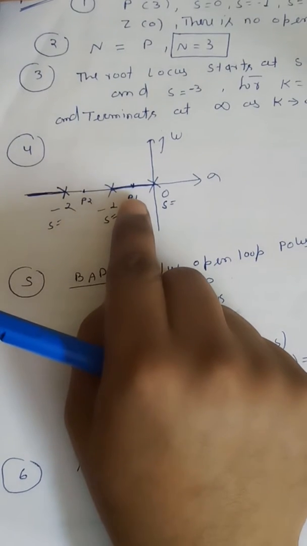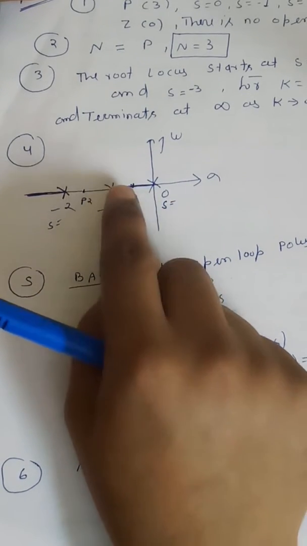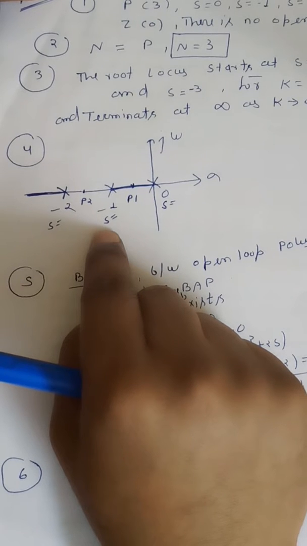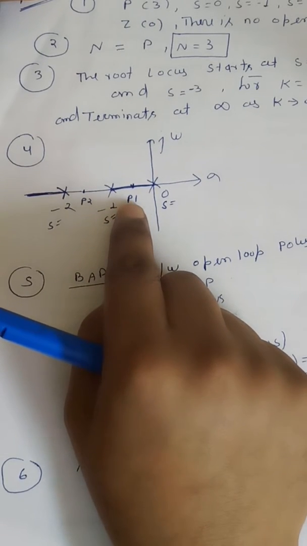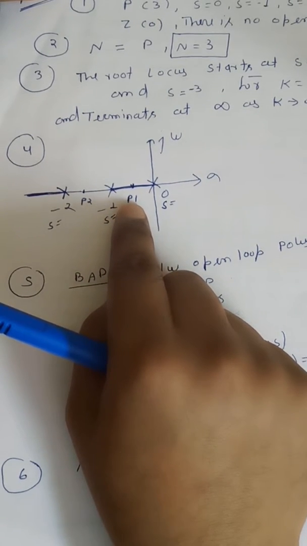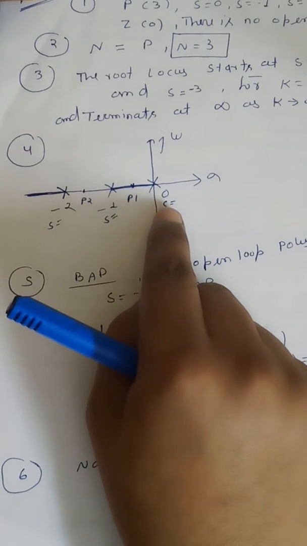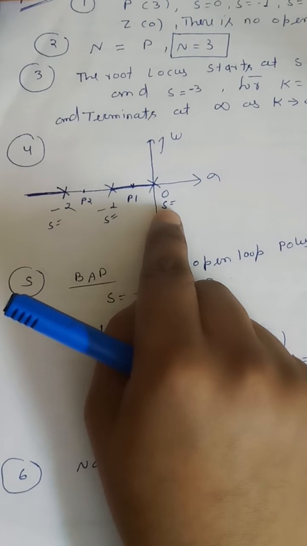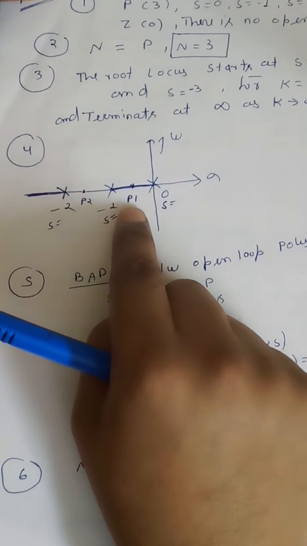Now decide point P1 between s equal to 0 and s equal to -1. Now let us see total number of poles and zeros to the right of point P1. So we have one pole for the system. This is an odd number, so we can say P1 will lie on the root locus on the real axis.